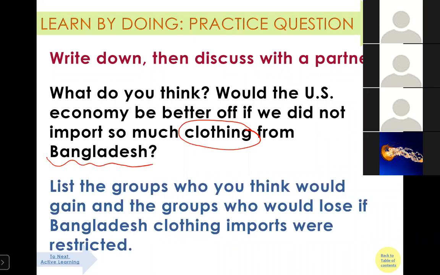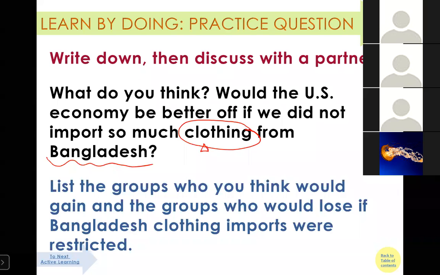All right, let's do this discussion together, right? So first we need to identify what they are trading. They are trading clothing. The US is trading with Bangladesh by purchasing or importing clothing from Bangladesh. You may ask, why do we want to do that as a US economy?